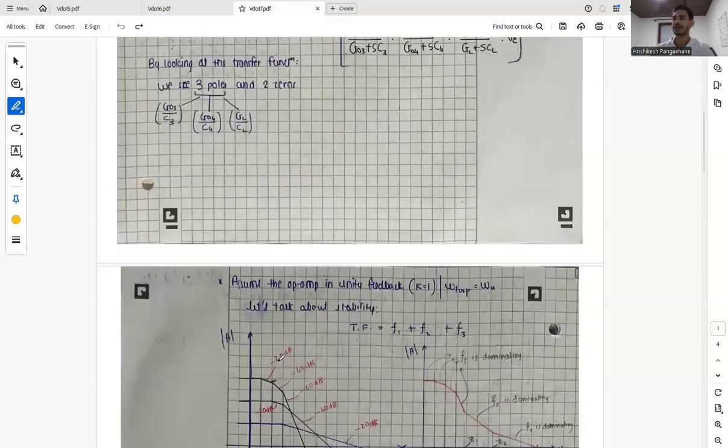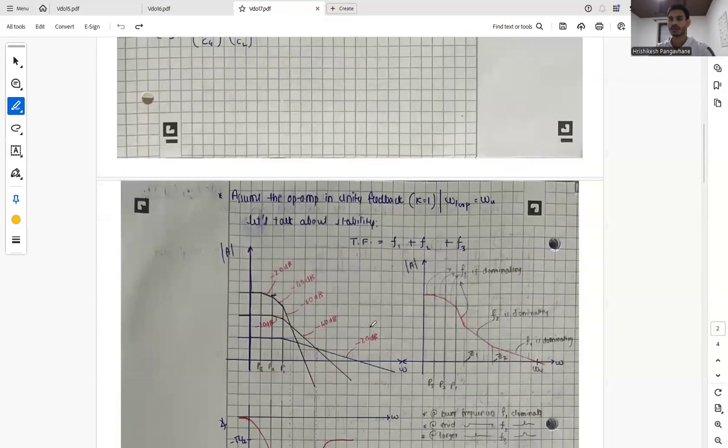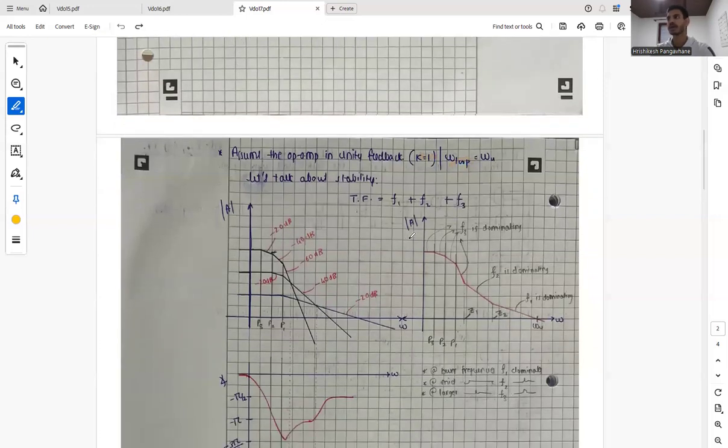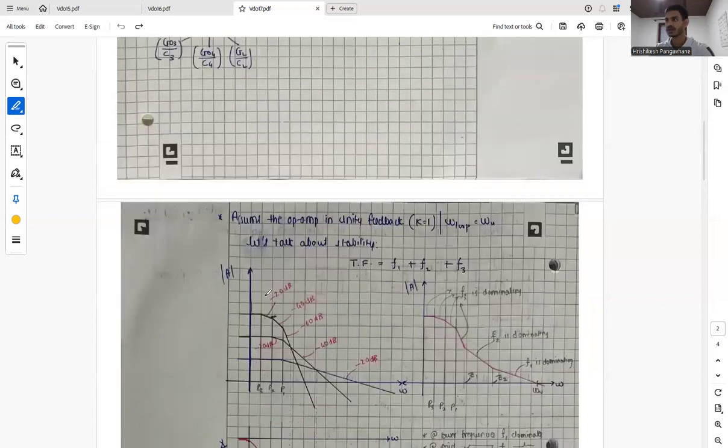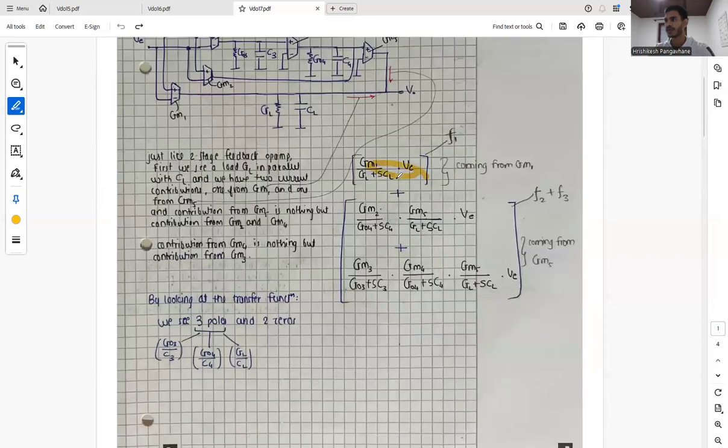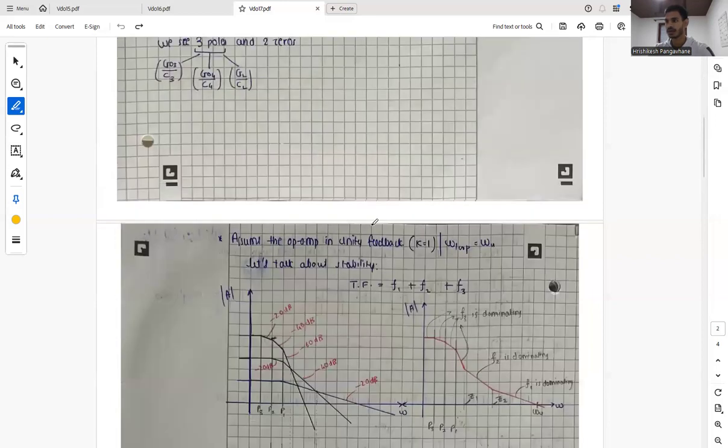Let's assume the op-amp is in unity gain feedback, where k equals 1 and omega loop equals omega u, and it is put in negative feedback. So let's talk about the stability of it. We have our transfer function which is divided into F1, F2, and F3, so let's plot curves for these. We have F1, and we have a single pole associated with it.